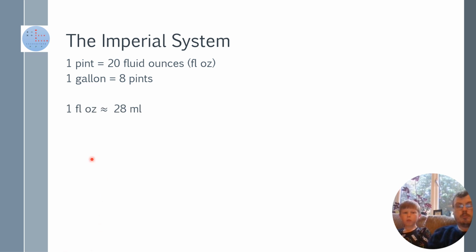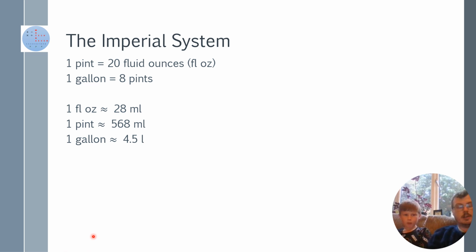And if you want to convert between metric and imperial, 1 fluid ounce is about 28 millilitres. So a pint is about 568 millilitres. And finally, a gallon is about 4.5 litres or 4,500 millilitres.